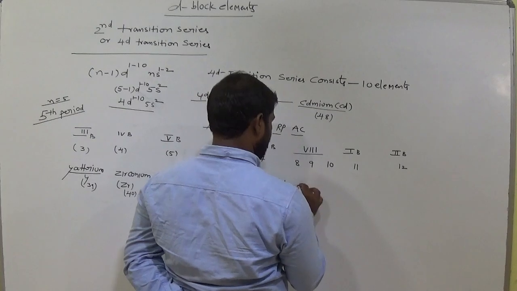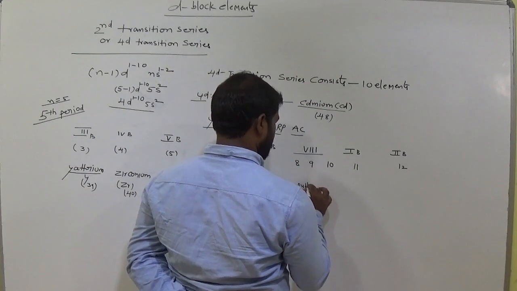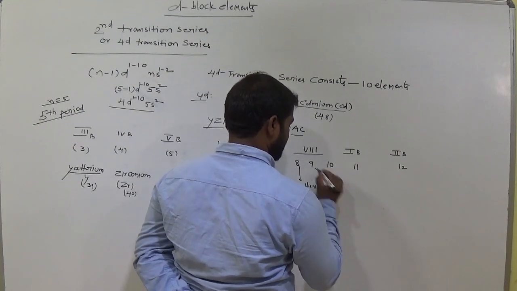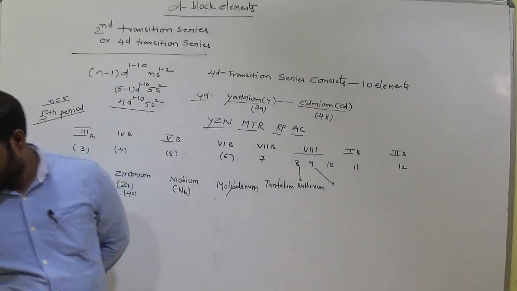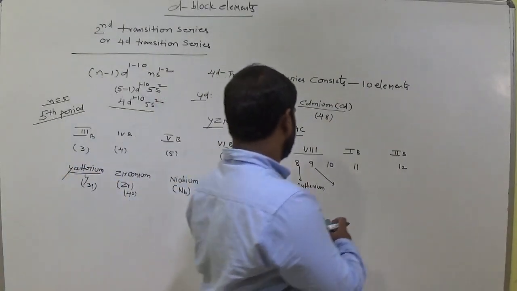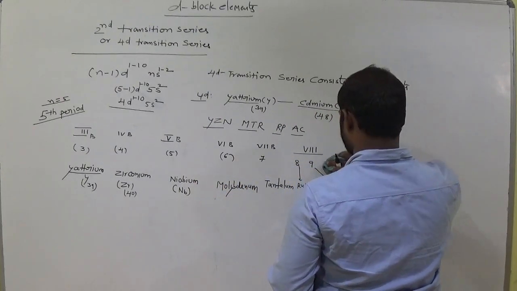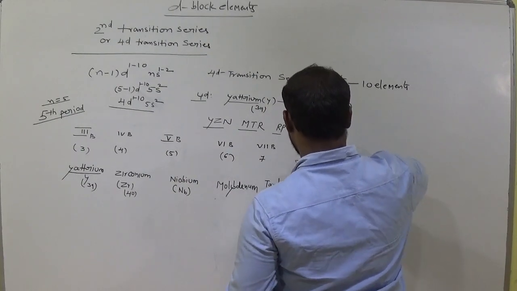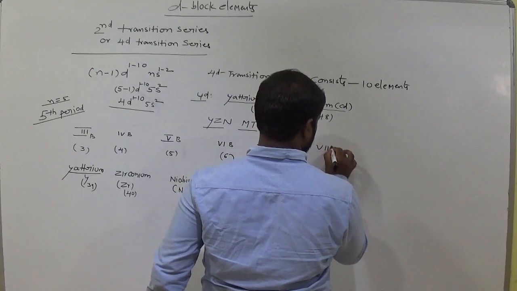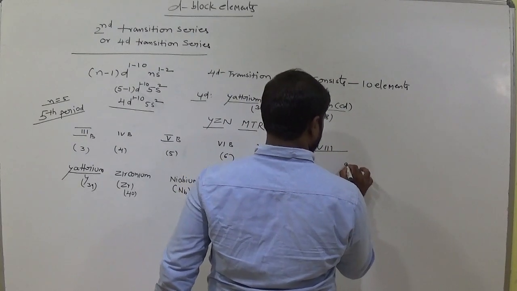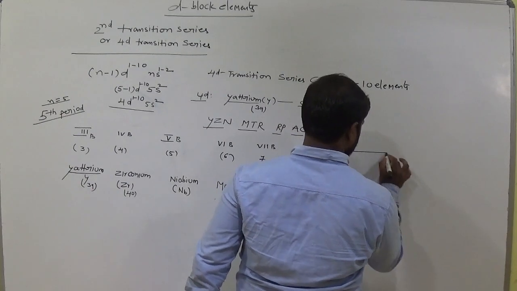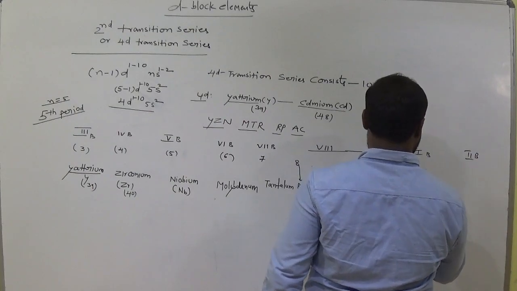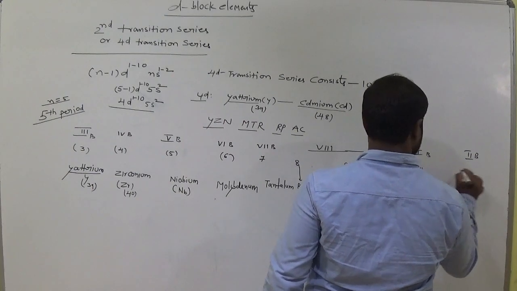And R means ruthenium, which belongs to group 8. Here this is first B and this is second B, 11th and 12th group.